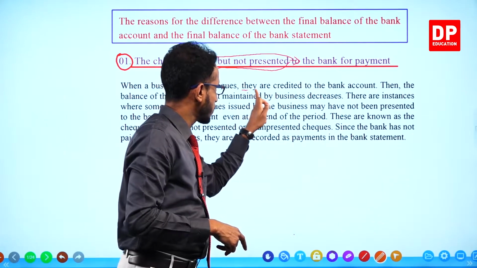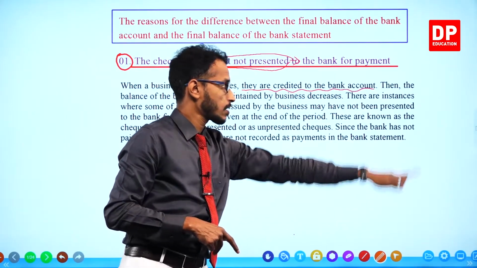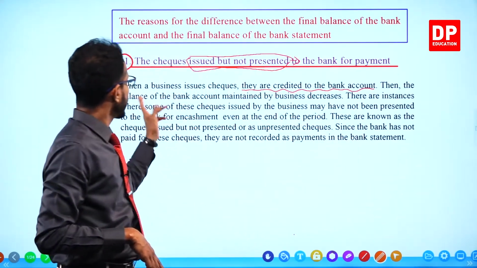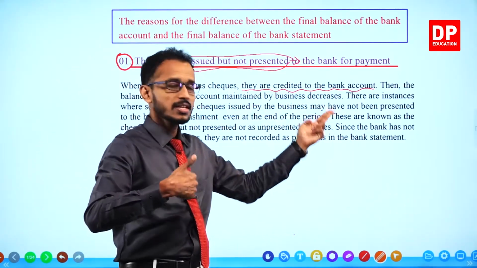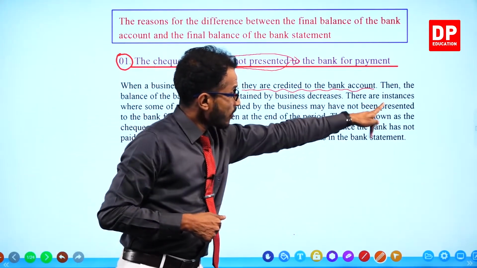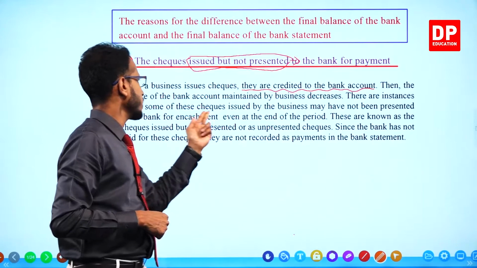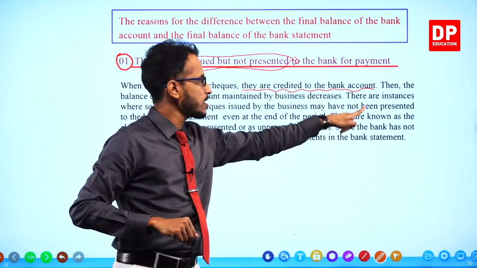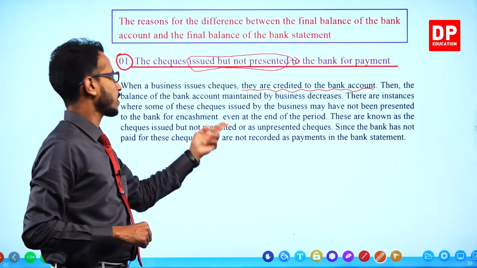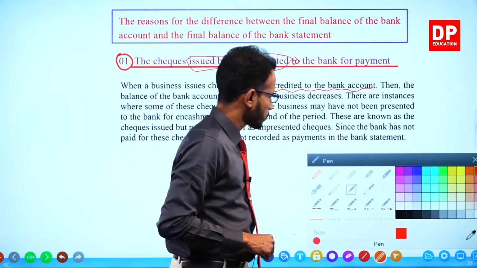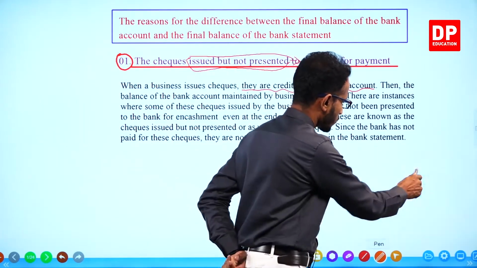That is what they say here, and it's correct. Then the balance of our bank account decreases. That's also correct. There are instances where some of these checks issued may not have been presented to the bank. Let's highlight that part.